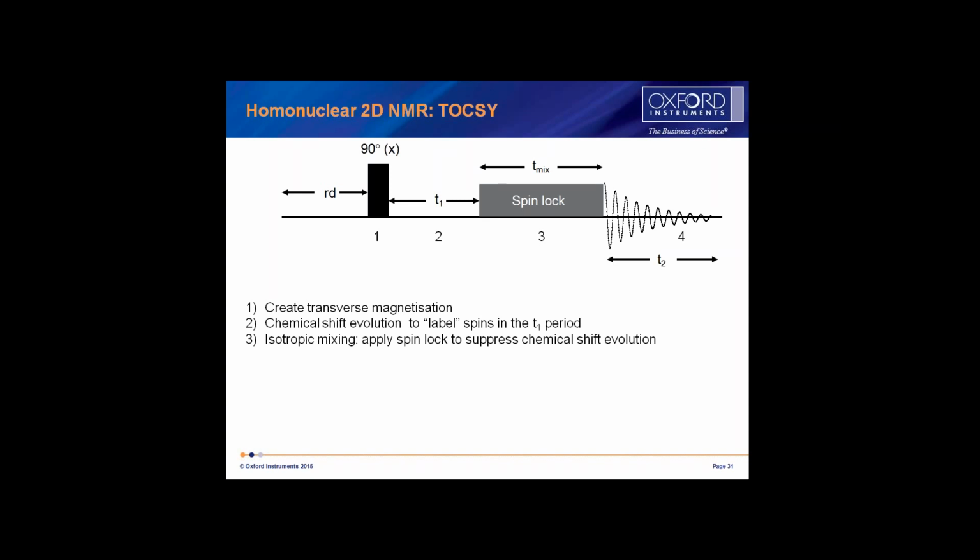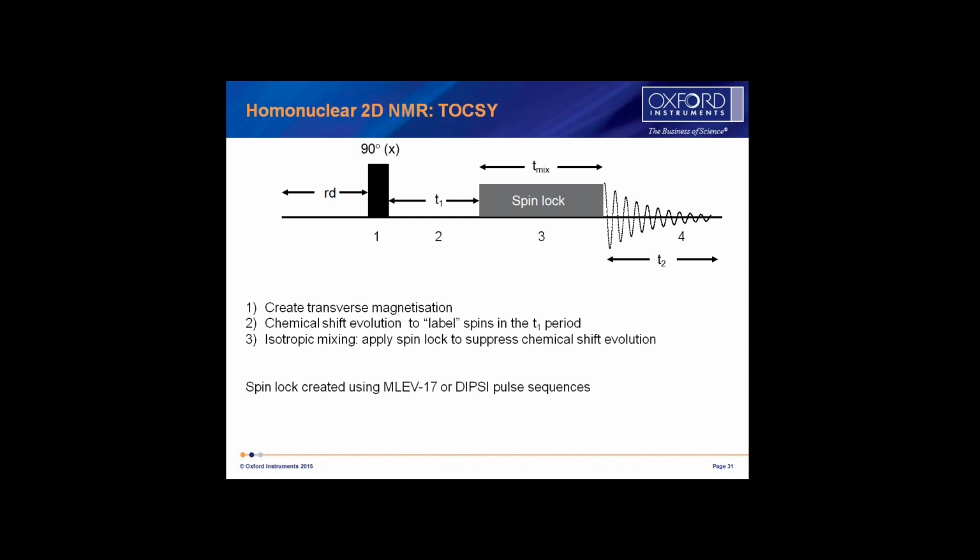So basically, we're taking a direction in space and we're locking the spins in that direction and preventing them from rotating away. So the only interaction that allows them to evolve is their scalar or J coupling. Now the advantage with this is that the J couplings are such that they can propagate down a chain. So here we won't just see nearest neighbor interactions, we'll actually see interactions down a mutually coupled chain.